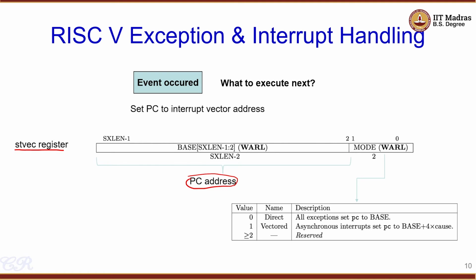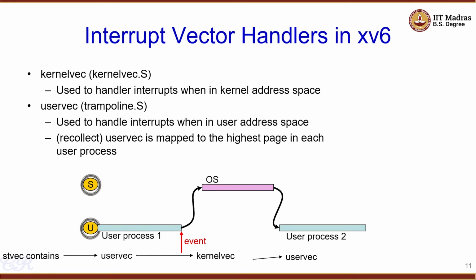So, at this location we would have a function which would identify the cause of the interrupt, whether it was an exception, a hardware interrupt or a software interrupt, and take the appropriate action. Okay, so we will see this in more detail.